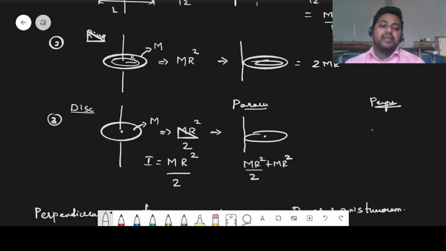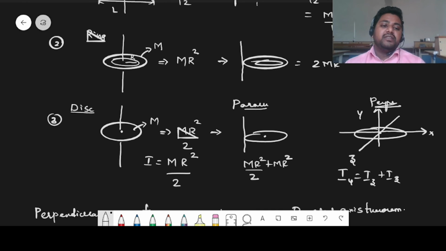In the perpendicular axis theorem, let's say I am asking you to find the moment of inertia along this plane, the Iz plane. You know this is your y, this is your z, this is your x. So Iy is equal to Iz plus Ix. Since Iz and Ix will be equal, as this is completely symmetric, you can write 2 Ix is equal to Iy.